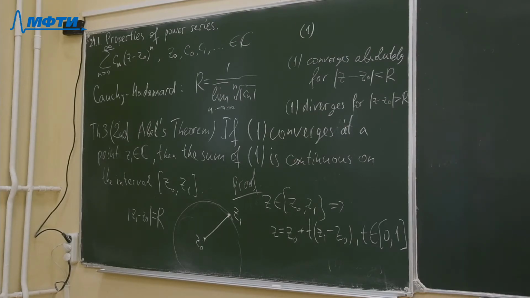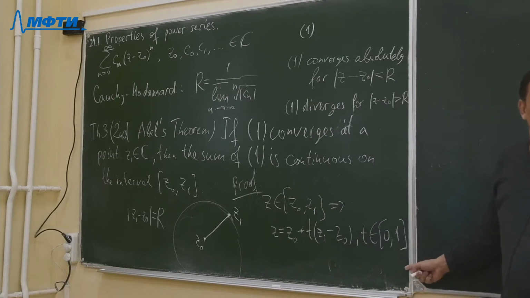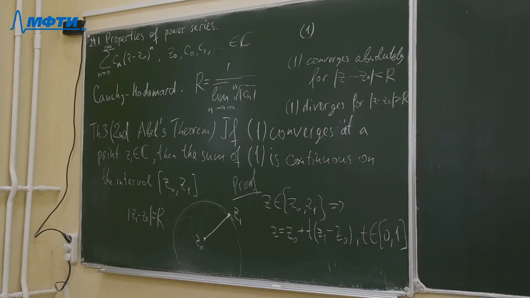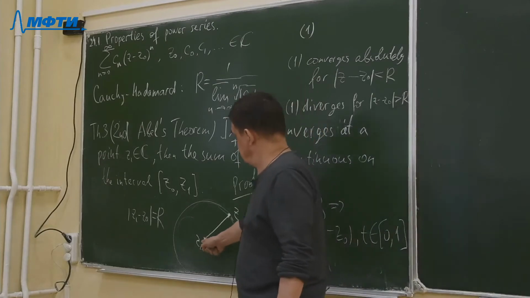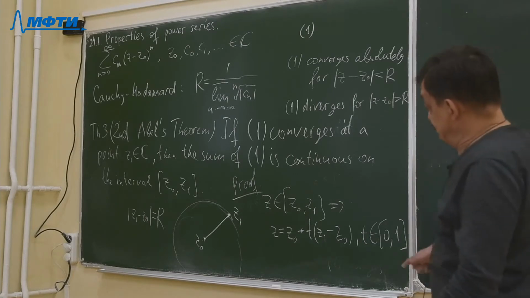So we need to substitute into 1 those values of z. Is it clear that indeed that is precisely the description of points of the interval? Okay, so we substitute.